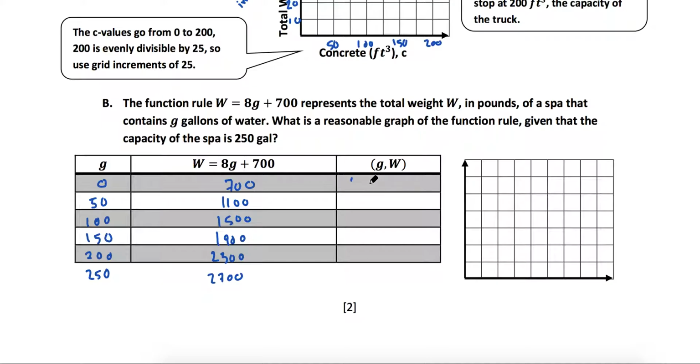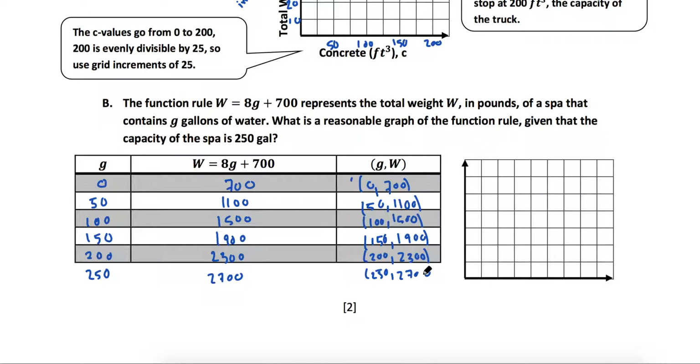All right, so our ordered pairs here would be 0, 700, 50, 1100, 100, 1500, 150, 1900, 200, 2300, and 250 with 2700.